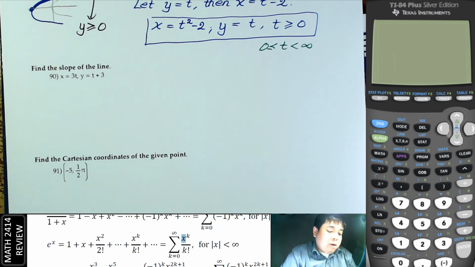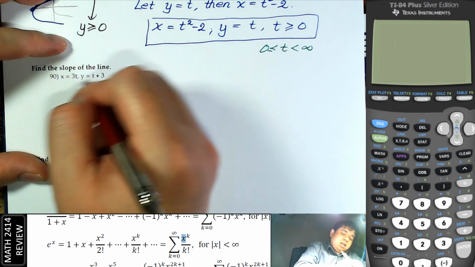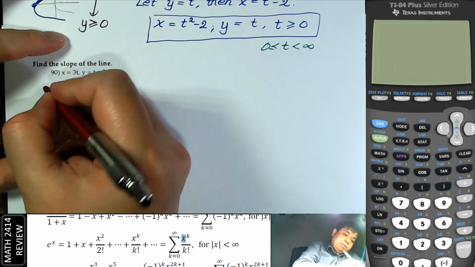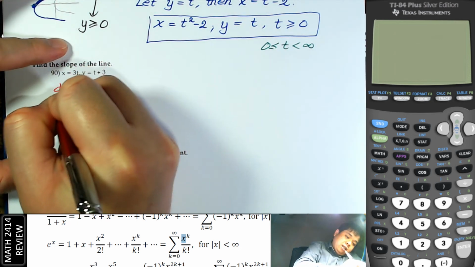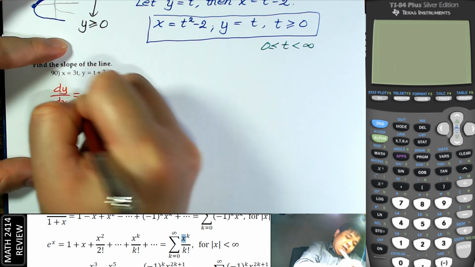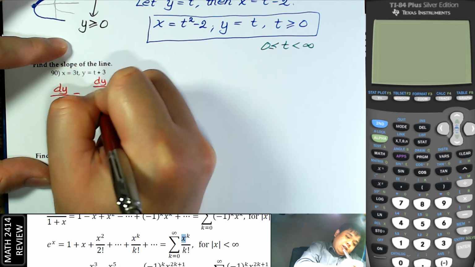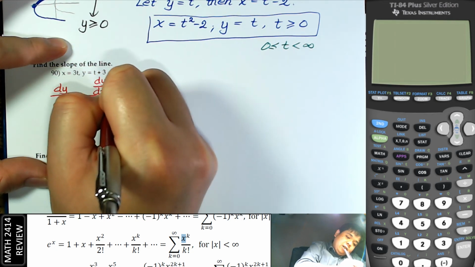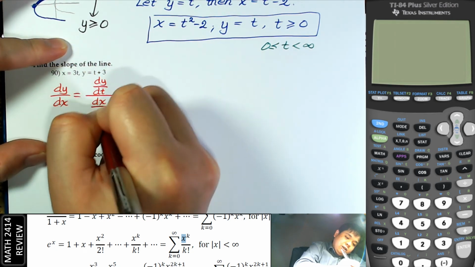Next, find the slope of the line x equals 3t, y equals t plus 3. Well, the slope of the line given in parametric equations is dy over dx, which is dy over dt divided by dx over dt.